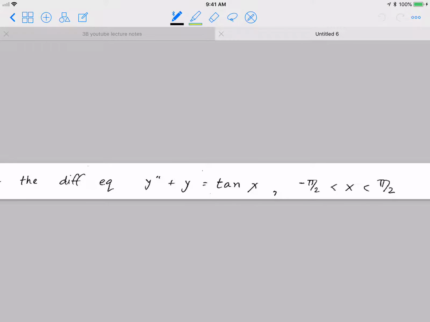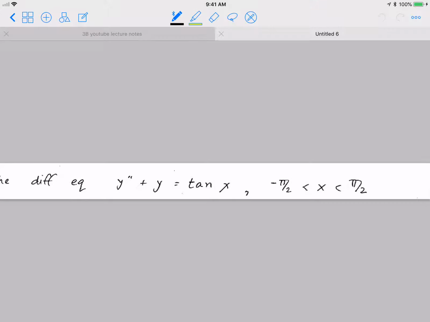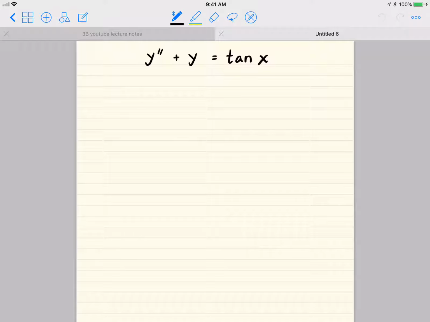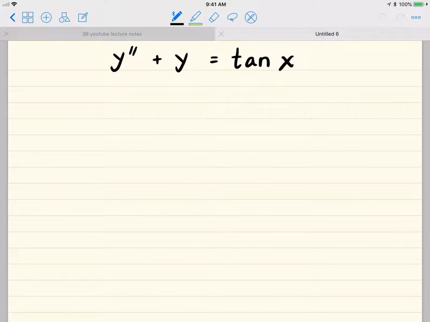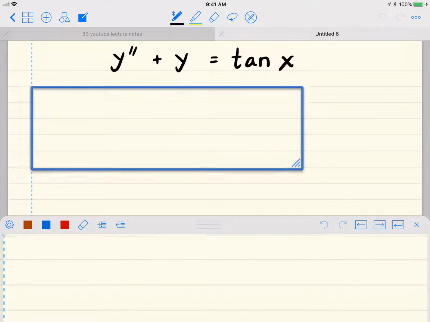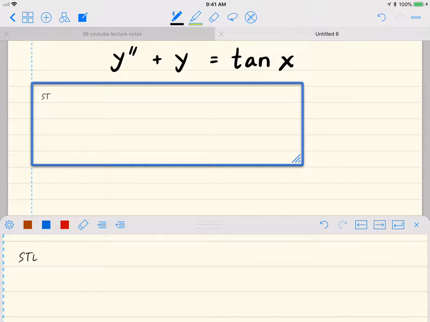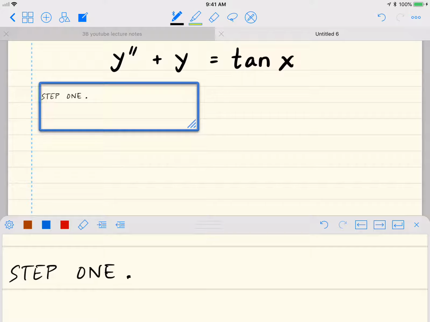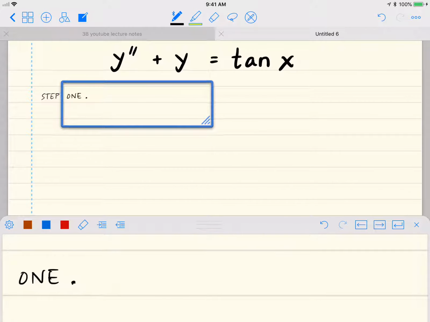We want to solve this differential equation. y double prime plus y equals tangent of x. And this is going to be over the interval negative pi over 2 to pi over 2. All right, let's do it. So step 1 is to solve, we need to find yh.